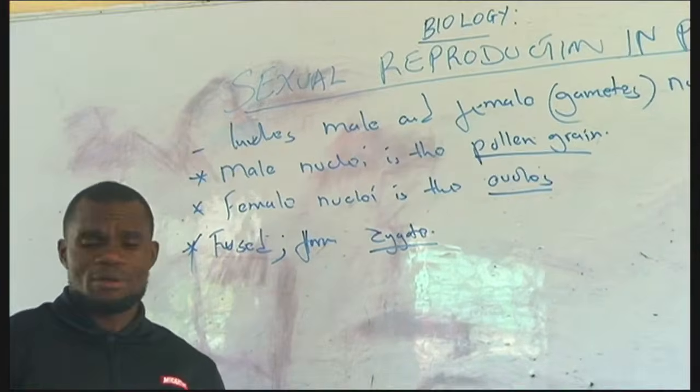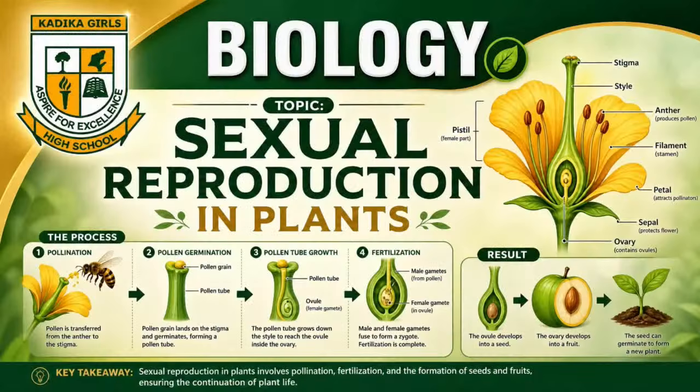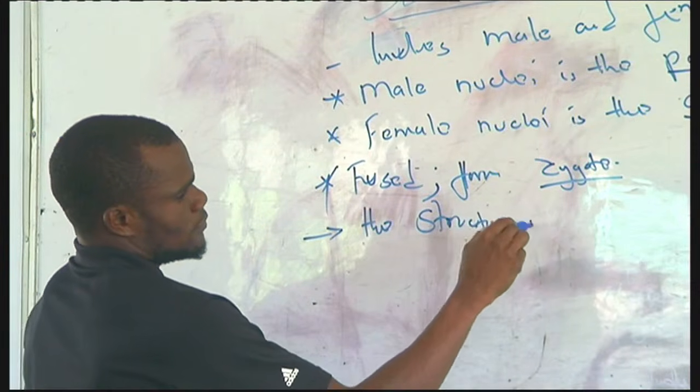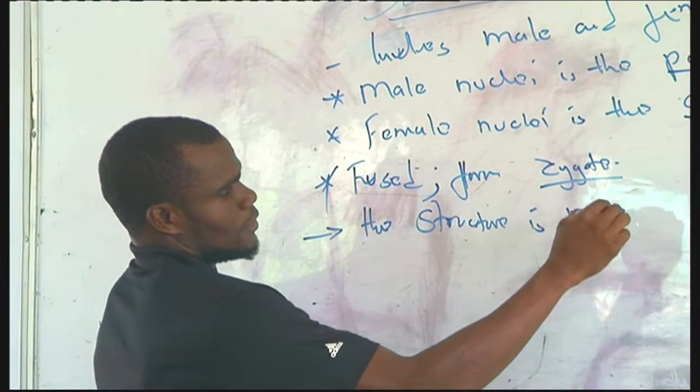And when we talk of sexual reproduction, the reproductive structure in the higher plant is the flower. It's the flower.